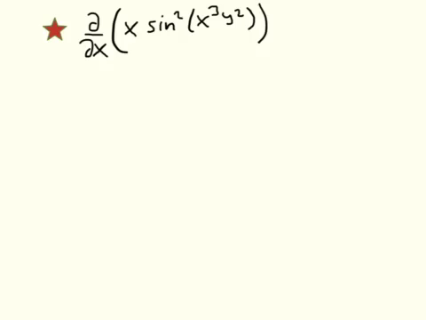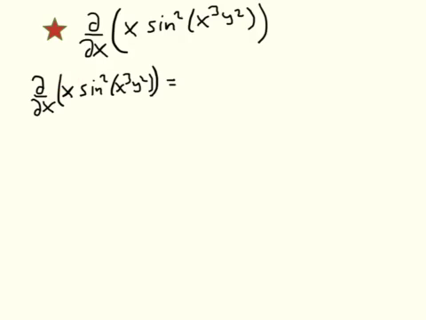So in this exercise, we want to work out the partial derivative with respect to x of x times sine squared of x cubed y squared. And it's important to notice that there's an x out here, so we need to use the product rule of differentiation. So what we're going to get in this way is that d by dx of x sine squared x cubed y squared, put brackets all around it, is going to be, well, the first term of the product rule is very simple.